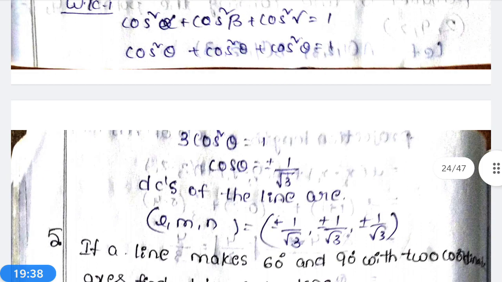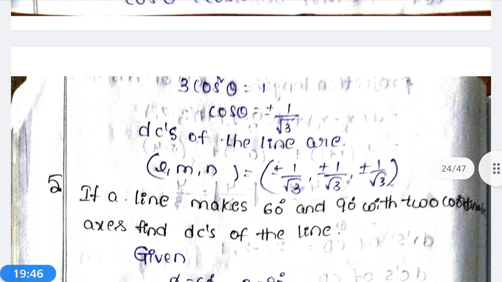This implies 3 cos square alpha is equal to 1, so cos square alpha is equal to 1 by 3. Cos alpha is equal to plus or minus 1 by root 3. Therefore, DCs of the line which makes equal inclination are plus or minus 1 by root 3, plus or minus 1 by root 3, plus or minus 1 by root 3.